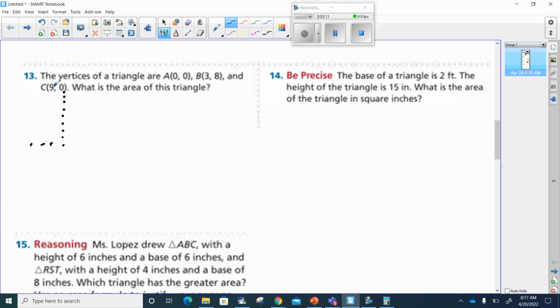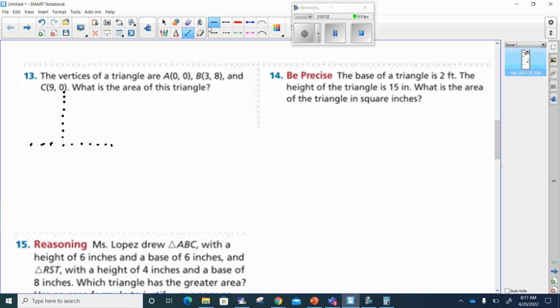And then this one is going to be 9 and 0, so that's going to put this one over at 1, 2, 3, 4, 5, 6, 7, 8, 9.